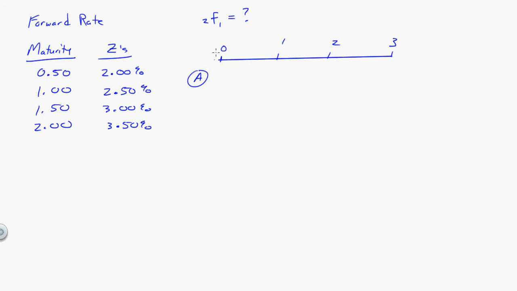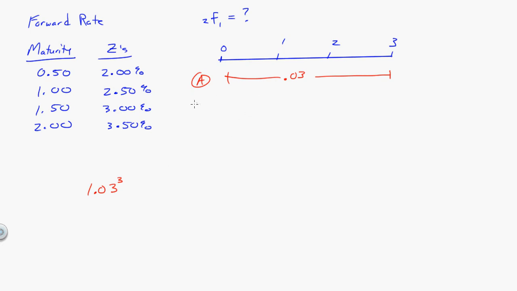Option A, I know it's a 3-period time horizon, right, because 2 plus 1 is 3. Option A would be to invest at 3% for the entire 3 periods. If you did that, you would receive 1.03 to the third.